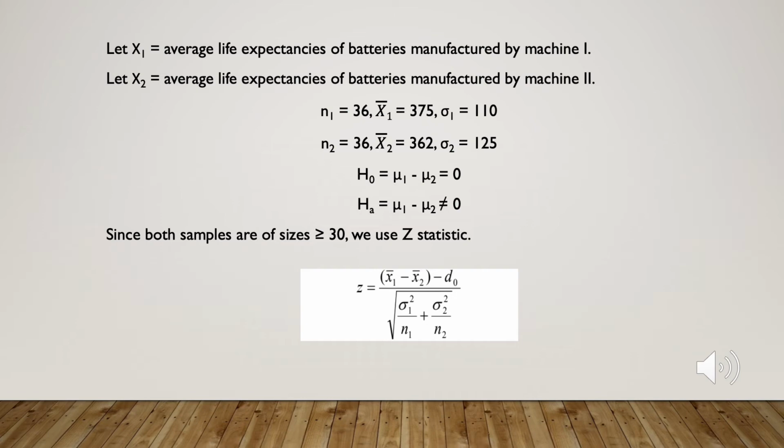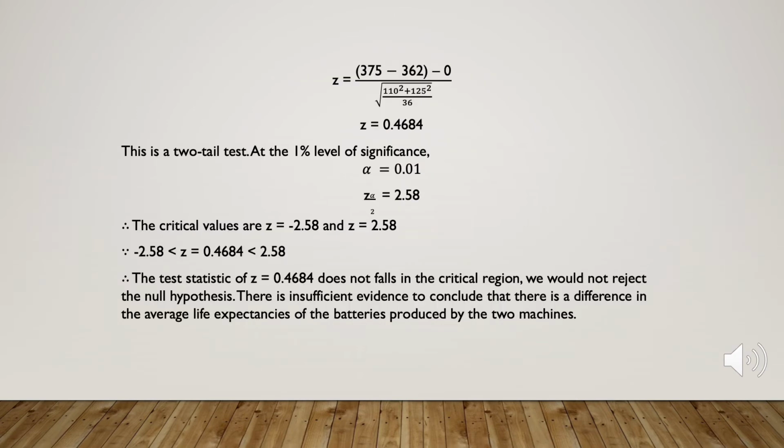Since both samples are of size greater than or equal to 30, we use the Z statistic, and this is the formula. Z equals 375 minus 362 minus 0 over the square root of 110 squared plus 125 squared over 36.